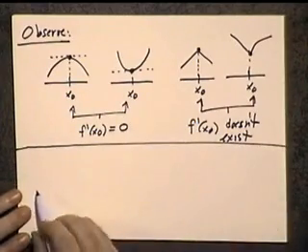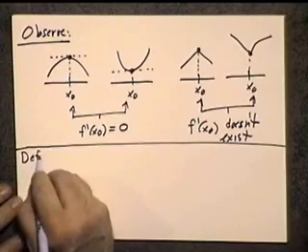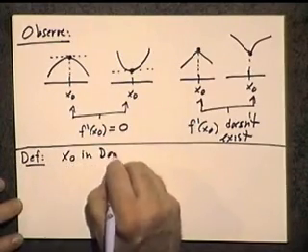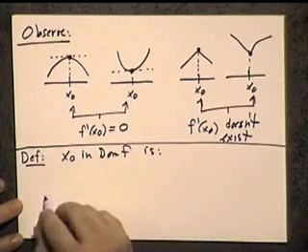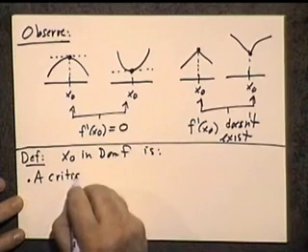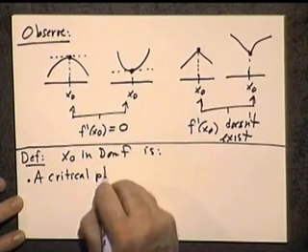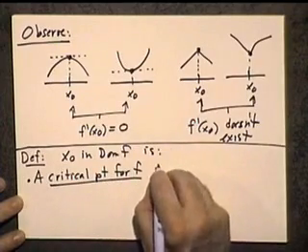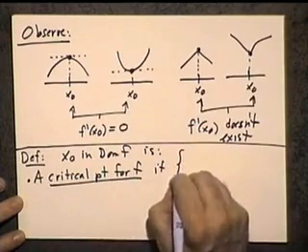So let's write some things down here. Definition. A point x naught in the domain of the function f is called a critical point. X naught is called a critical point for the function f if one of two things happens.